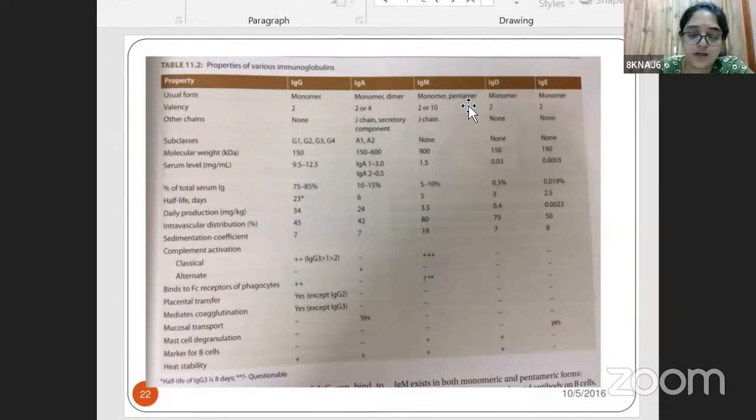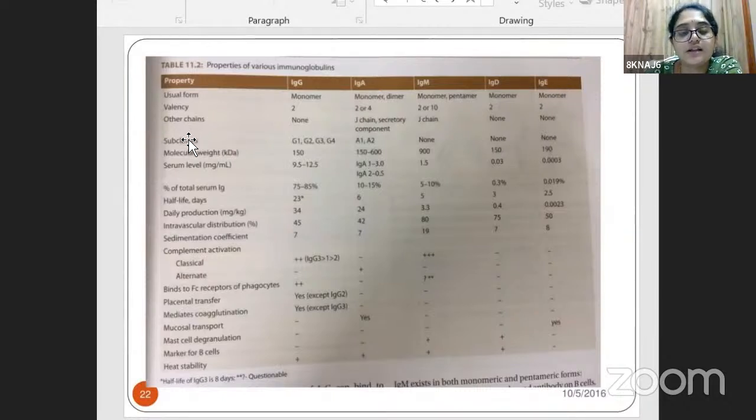So it can exist as one single antibody or five antibodies come together and form the pentamer structure. IgD and IgE exist as monomers. Now valency is again 2, 2 or 4, 2 or 10. So two antigens can be bound at the same time to the IgG. IgA 2 or 4, monomer or dimer. IgM 2 or 10, that is you can either bind to 2 antigens or 10 antigens. IgD as a monomer can bind only 2, and IgE is only 2.